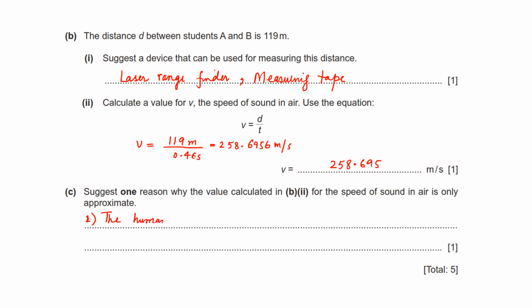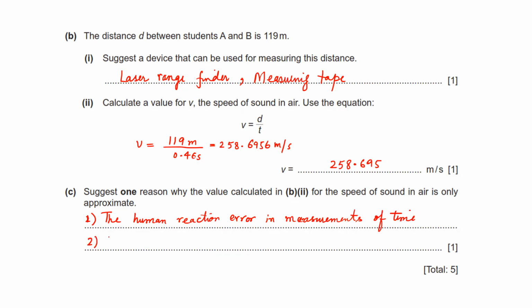So it can be approximate because the first reason can be human reaction error in measurements of time causes a delay.